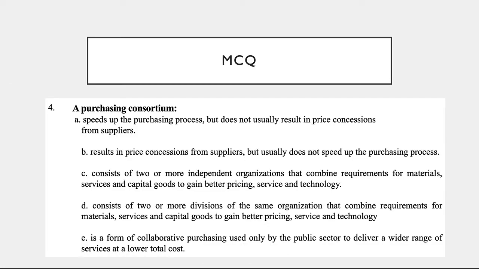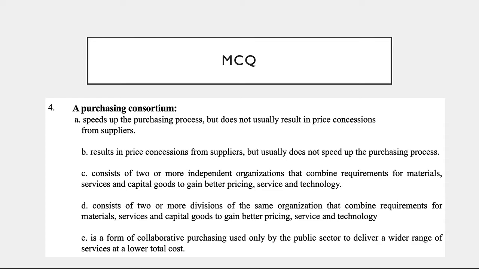Question number 4, a purchasing consortium is: A, speeds up the purchasing processes but does not usually result in price concessions from suppliers. B, results in price concessions from suppliers but usually does not speed up the purchasing process.